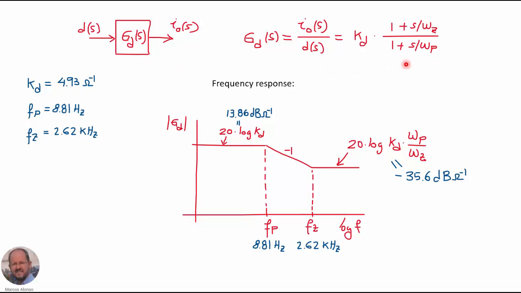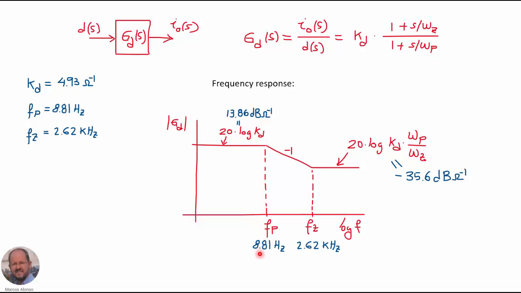As we have seen, at low frequency, the gain of the transfer function is KD. So we have this flat part corresponding to this gain, which in our particular case has a value of 13.86 dB ohms to the minus 1.